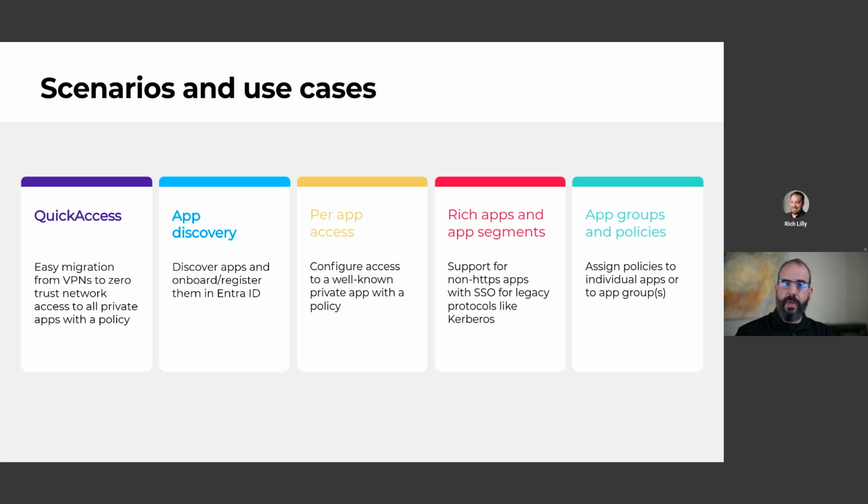RDP is a great one. SSH, put MFA in front of that before we have access to any servers. And then because we're working in Entra ID, we have the ability to do app groups and policies, meaning we can use some of our automated onboarding for assigning users to different groups and applications, including just-in-time management and access reviews as well.